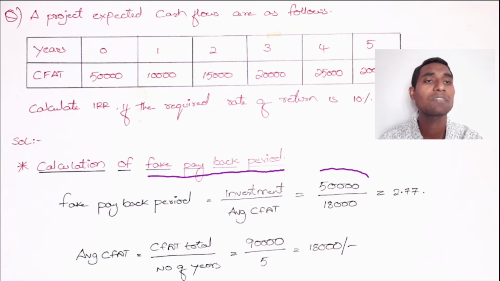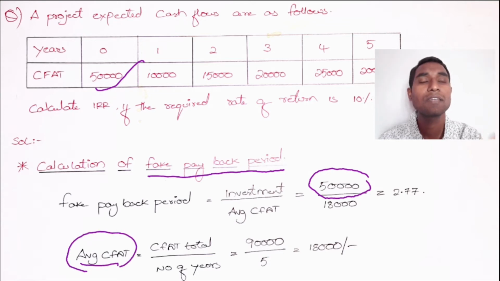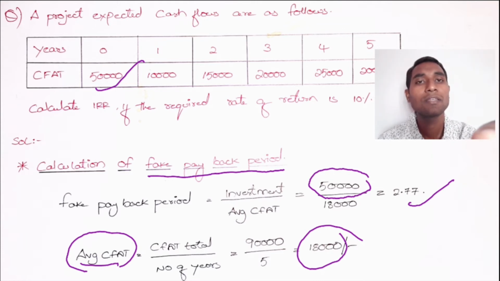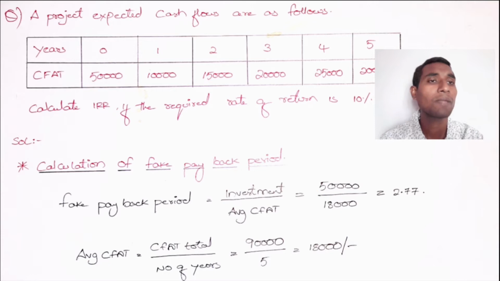My investment is 50,000, given in the question. Average CFAT is CFAT total divided by number of years, which I got as 18,000. So 50,000 divided by 18,000 is 2.77. Most importantly, the fake payback period is 2.77 years.